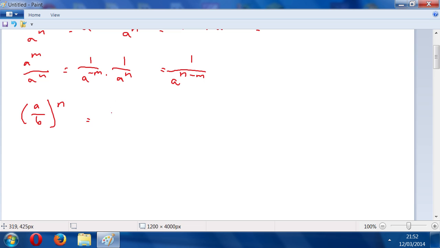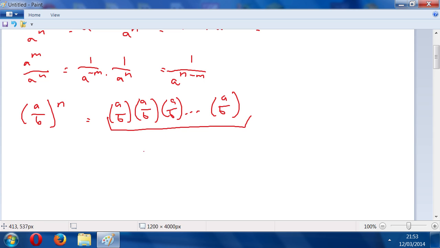We can imagine what this looks like. It's going to be a over b times a over b times a over b, down to the final a over b. If we look at this whole section, there are going to be n factors. So that's the exponent here.